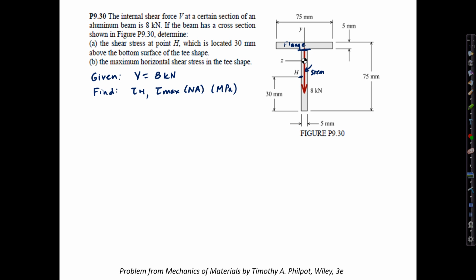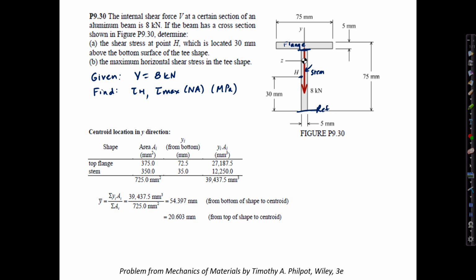To compute the centroid, we take a reference axis from the bottom, and here's a summary of the calculations. For each shape, we compute the area of the shape, so the flange and the stem. We compute the distance y sub i from the bottom to the centroid of that shape, and we multiply them together. Here's the sum of the areas, overall area, and the sum of y sub i times A sub i.